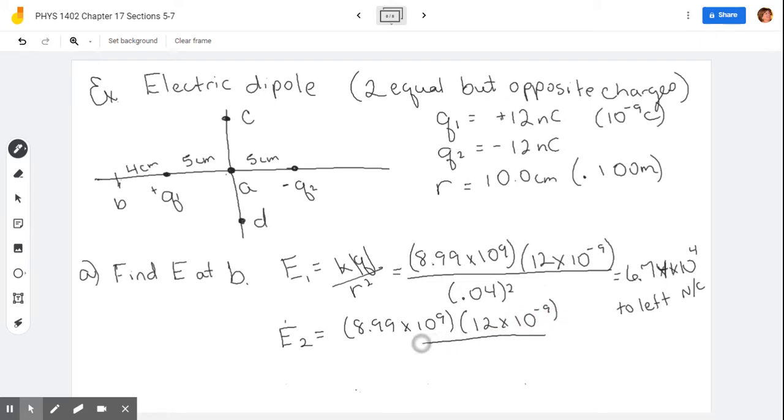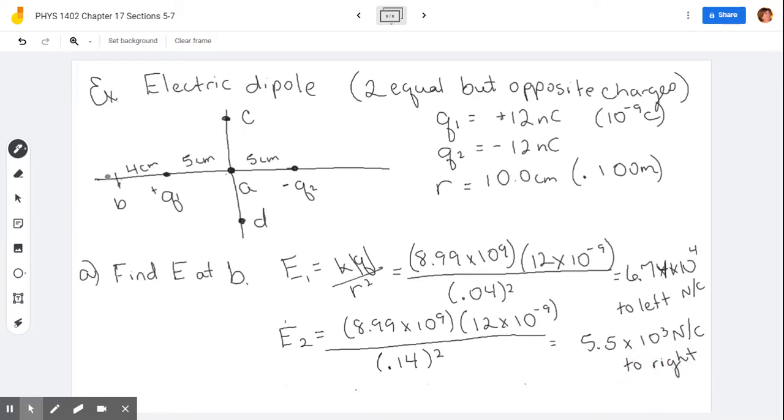But this time the distance between Q2 and B is actually 14 centimeters. 14 centimeters, 0.14 squared. And that's going to come out to be about 5.5 times 10 to the 3rd newtons per coulomb. A lot weaker, you can see. And if you're a positive charge, you'll be attracted to Q2, so that's actually to the right.